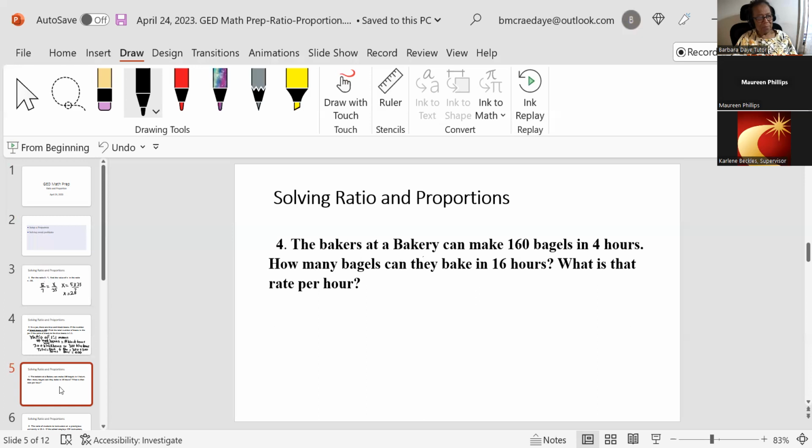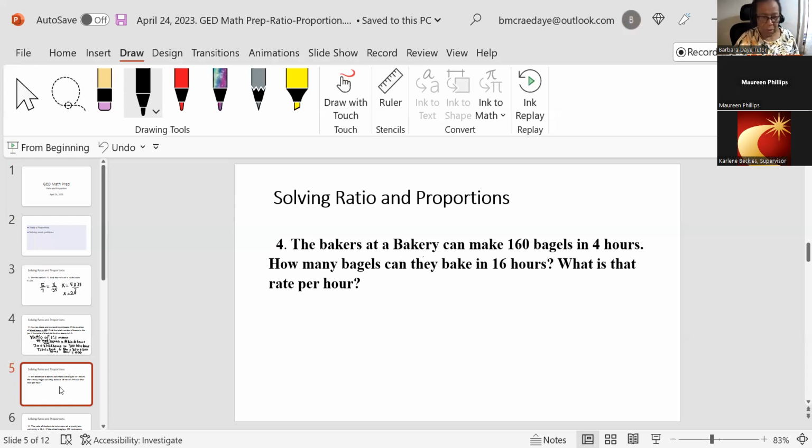So I multiply 160 by 16 hours and 4 by n, which is 4, and then I divide by 4.